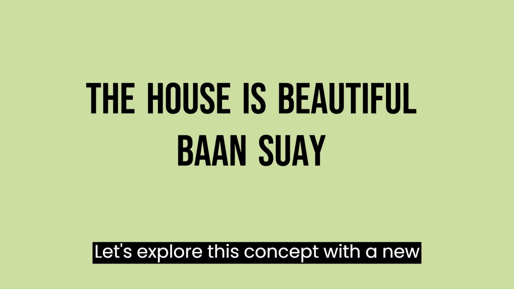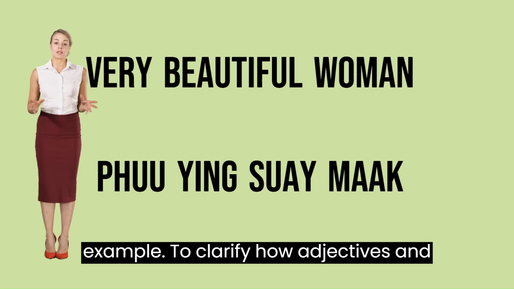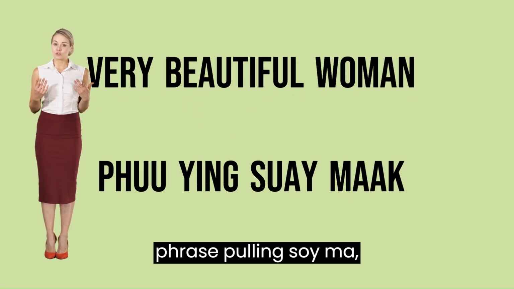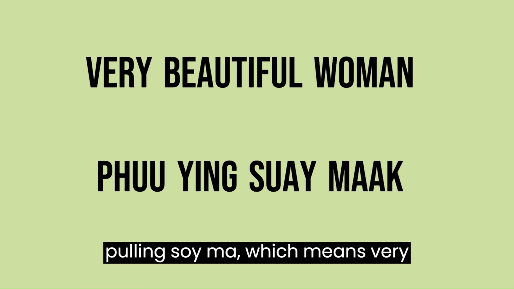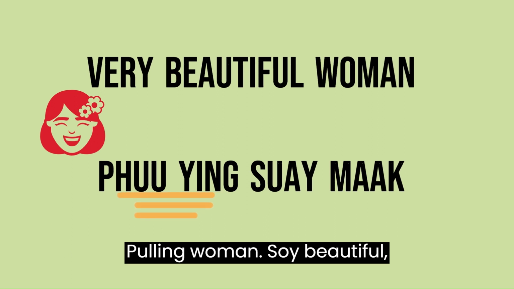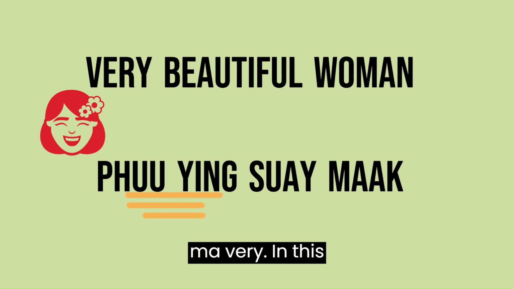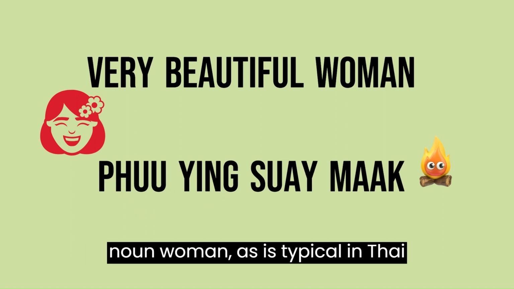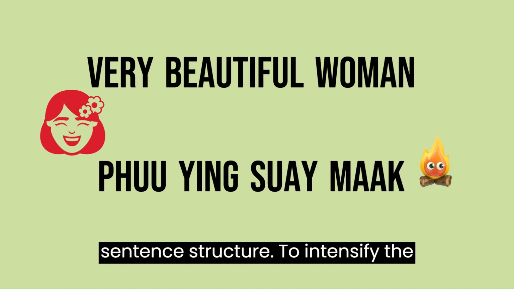Let's explore this concept with a new example to clarify how adjectives and nouns interact in Thai. Consider the phrase ผู้หญิงสวยมาก, which means very beautiful woman. Here's the breakdown. ผู้หญิง means woman, สวย means beautiful, มาก means very. In this example, beautiful directly follows the noun woman, as is typical in Thai sentence structure.